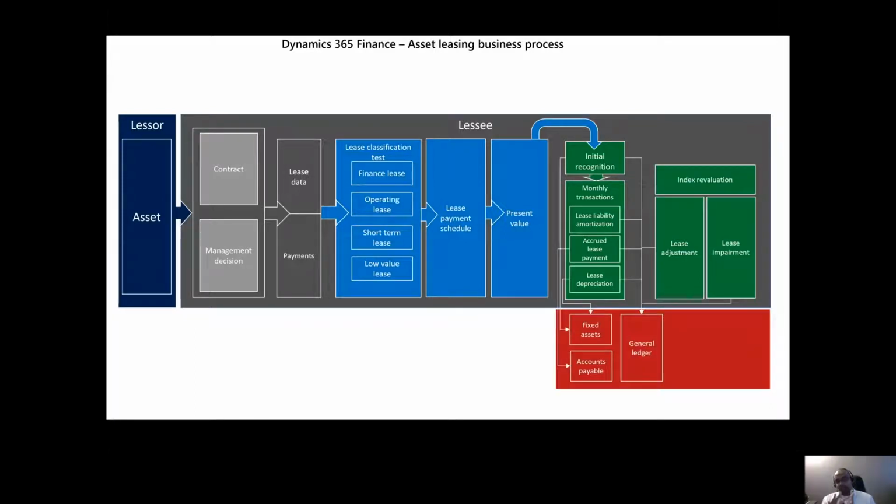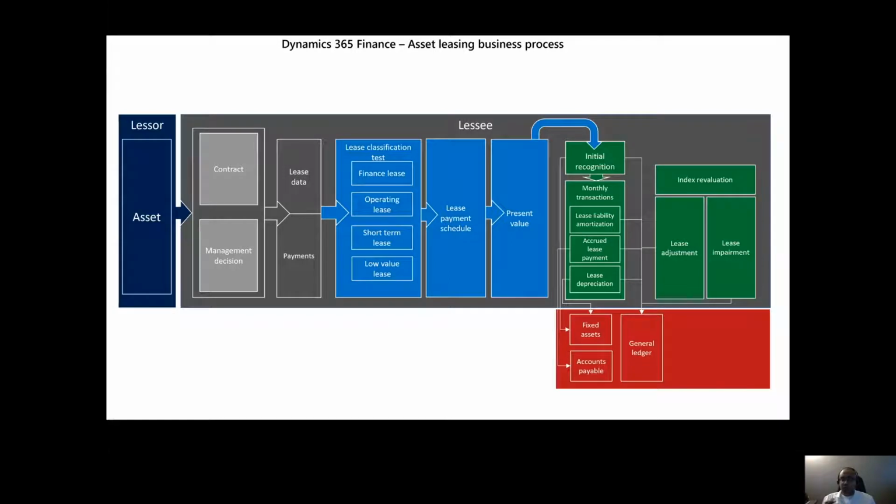Of course, we have lease adjustments in the middle of the lease life. You can post, or you need to have, an adjustment if you got a new agreement with the landlord, or you need to adjust anything in the lease.